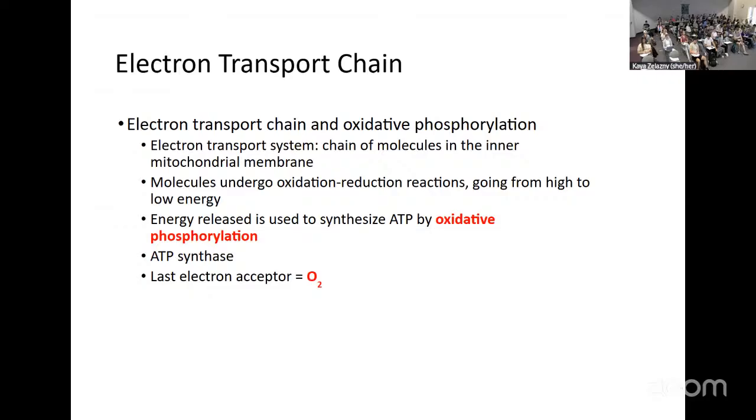Okay. So our electron transport chain is a series of molecules in a mitochondrial membrane. What they're doing is taking electrons that we've packed onto our electron carriers, right? Last time we talked about NAD and NADH, our electron carrier that we reduced in earlier steps.